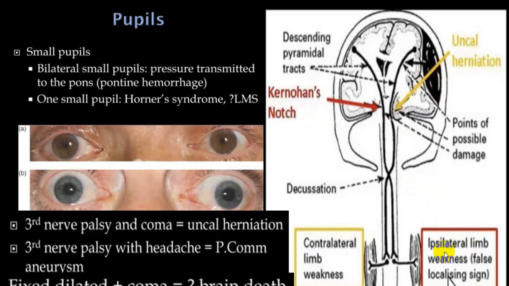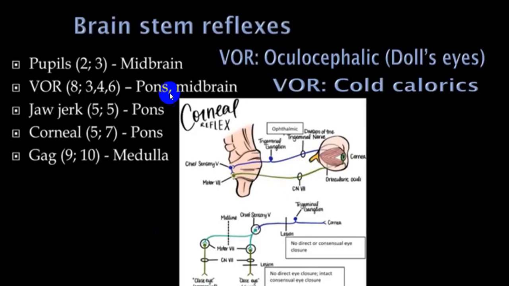That is, ipsilateral weakness may be a false sign because of Kernohan's sign, which is because of the corticospinal tract damage, compression at the tentorium level.